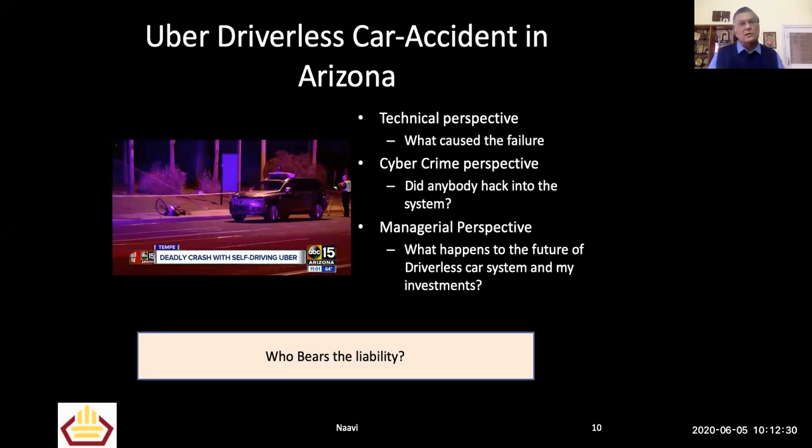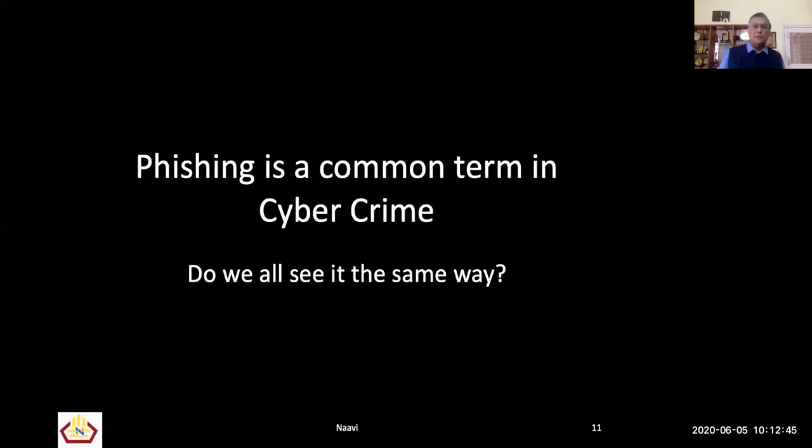In both cases, we will be pointing our fingers at technology people, not anybody else. So this is the kind of perspective which IT people should develop whenever they see in a newspaper that something has happened. Now, I'll come to something closer to us.